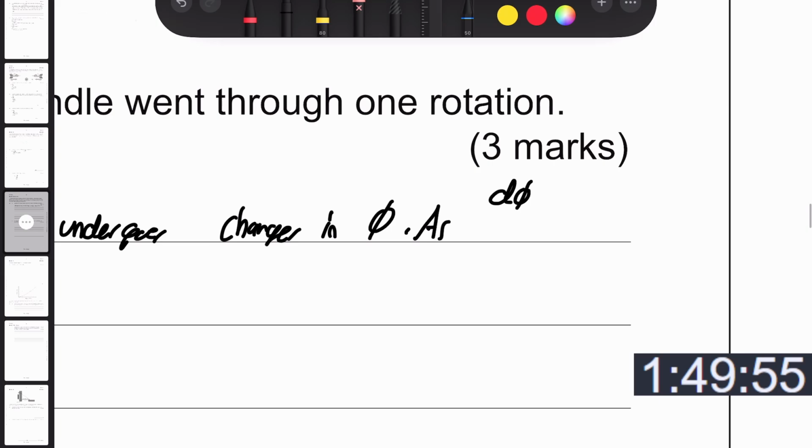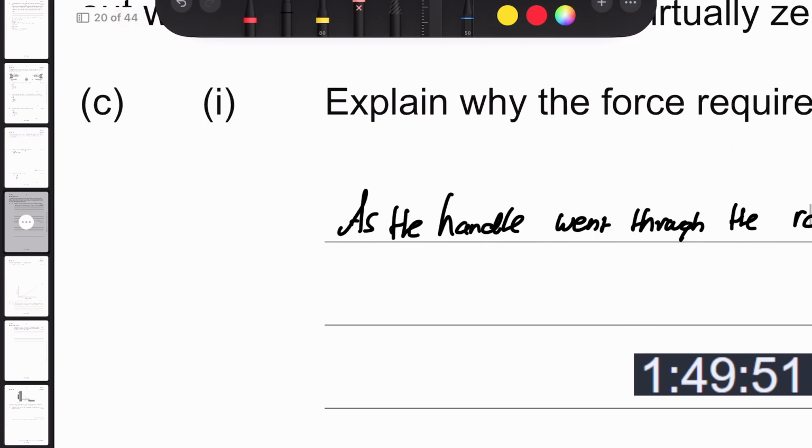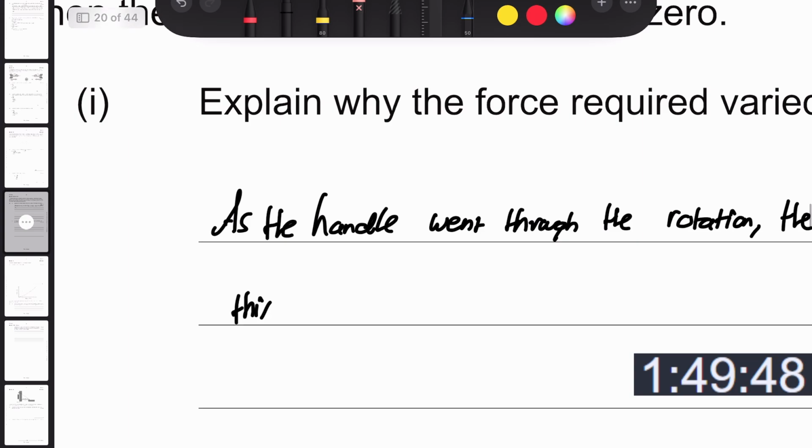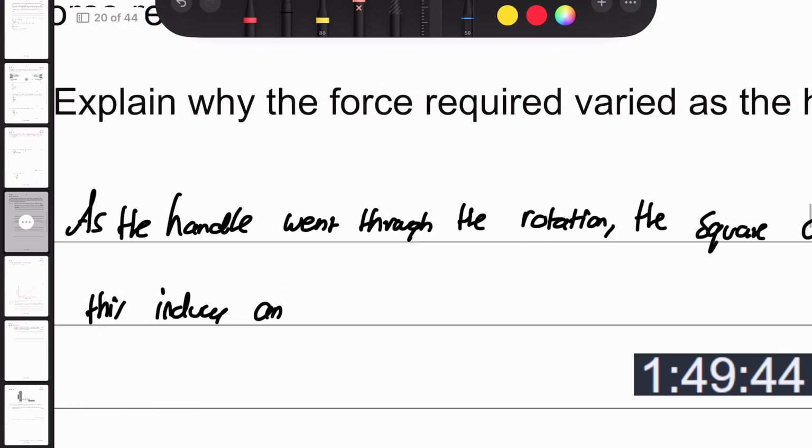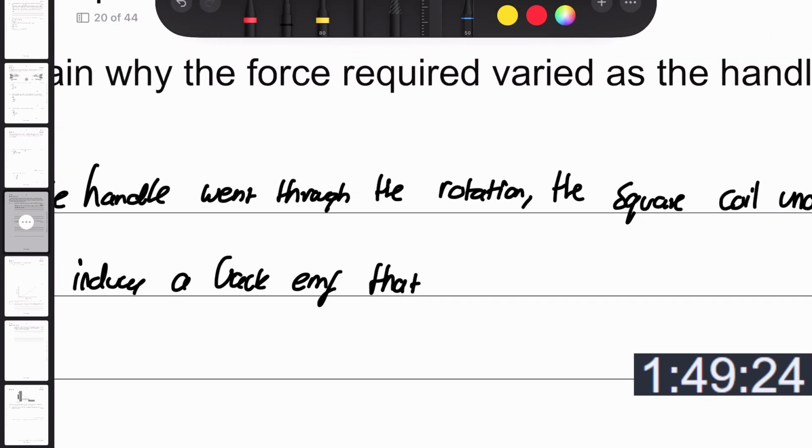And then as the dθ/dt is proportional to EMF, this induces an EMF.